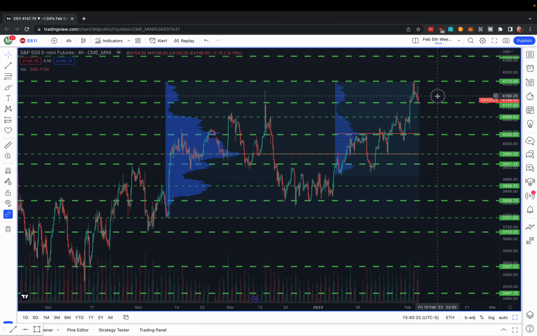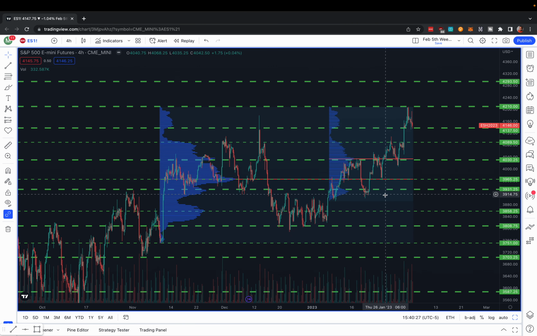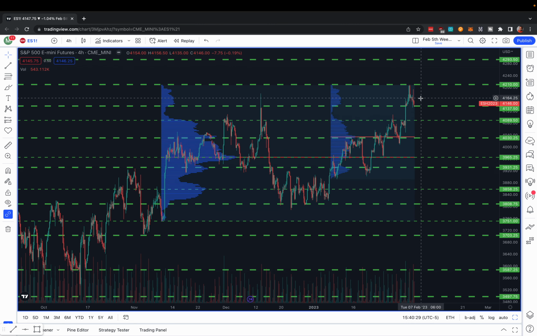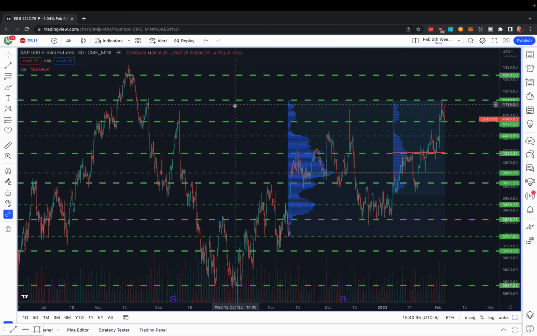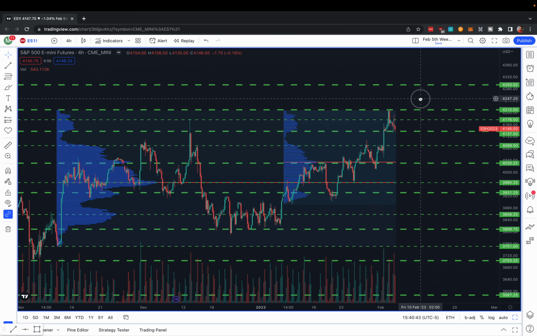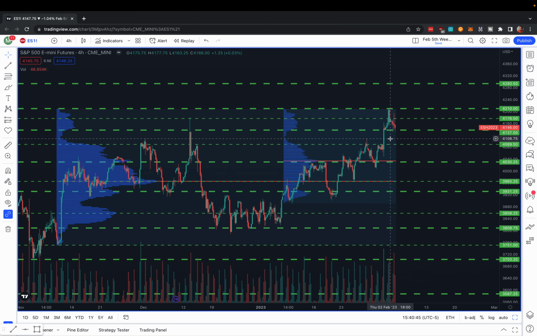What we're gonna actually do though, and how I'll update these levels is, might end up with more levels than I like, but that's fine. As the market either respects or does not respect each level, I will add or remove them. And you will also see when the market opens, I will do lines like this.